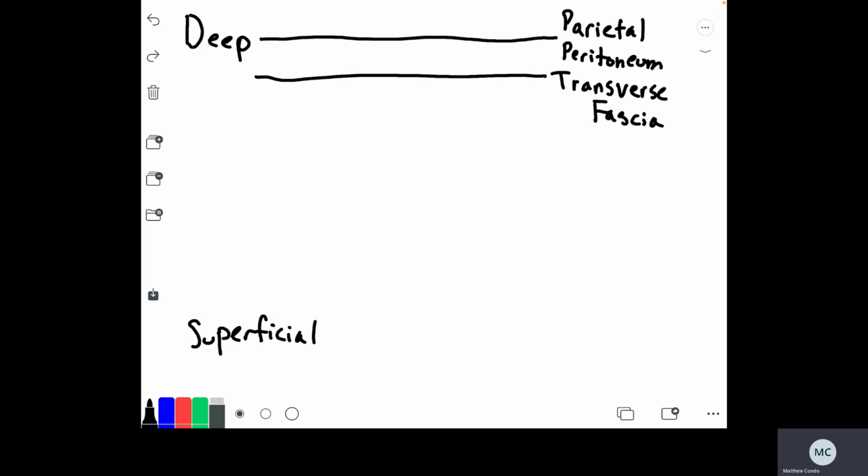And then we're going to start running into our muscles. So the deepest muscle we're going to have is TA, which is transverse abdominis. Then moving more superficial, we're going to have internal abdominal oblique, IAO.